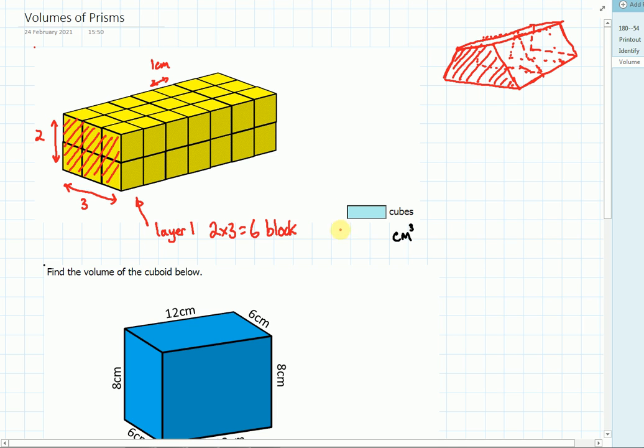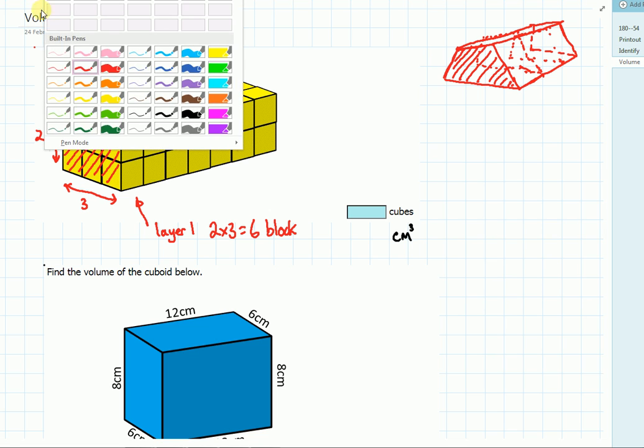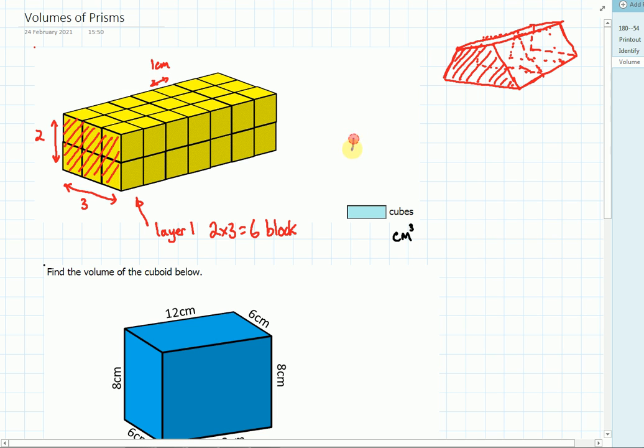To do it more mathematically, let's talk about the area at the end. The area on the end for a rectangle is 3 centimetres by 2 centimetres, which is 6 centimetres squared.